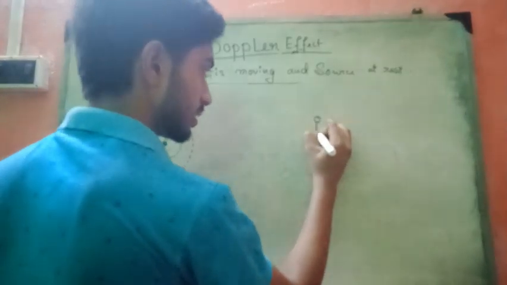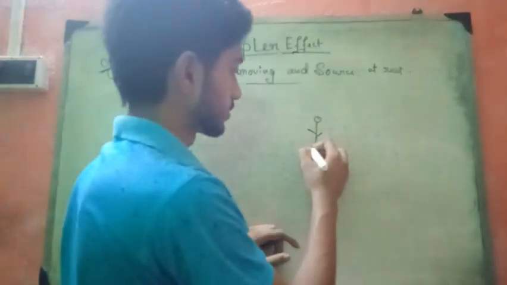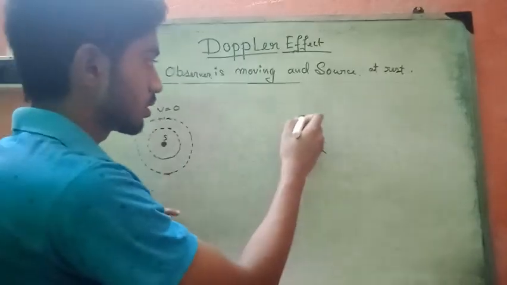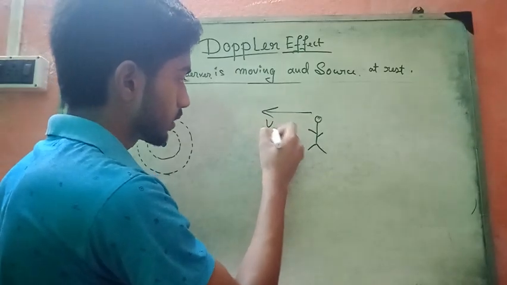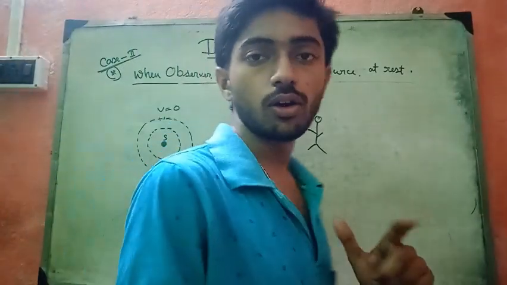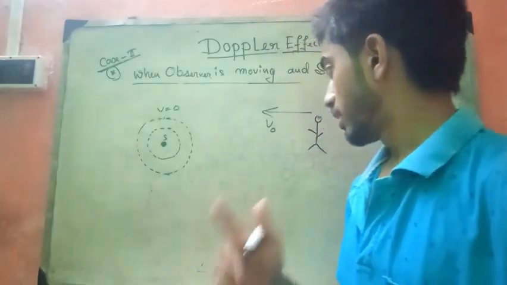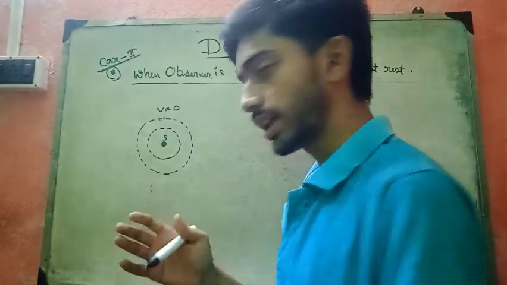This is our observer. Now the observer is moving with velocity v naught.